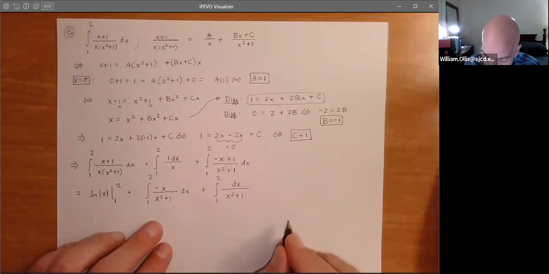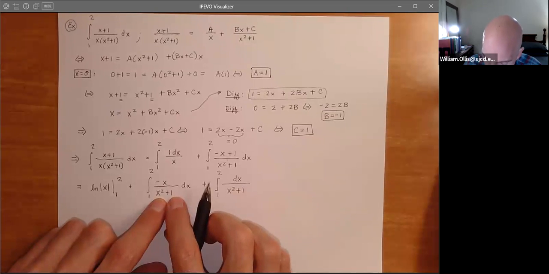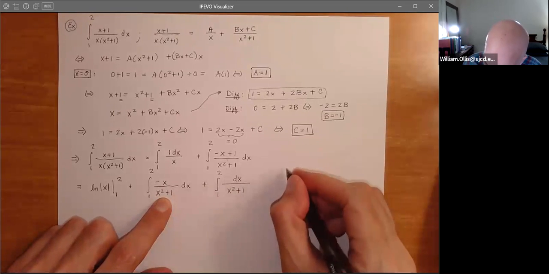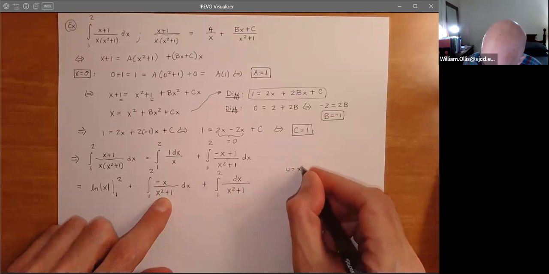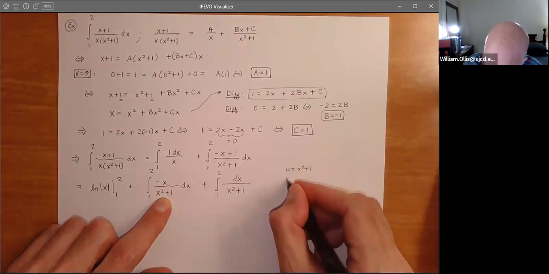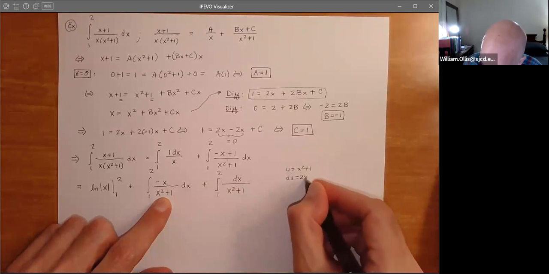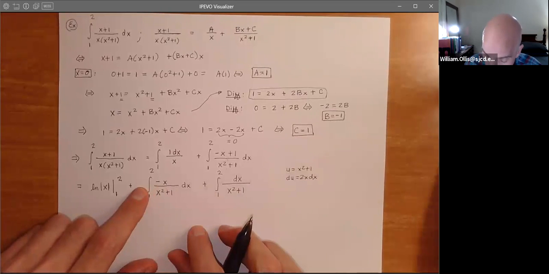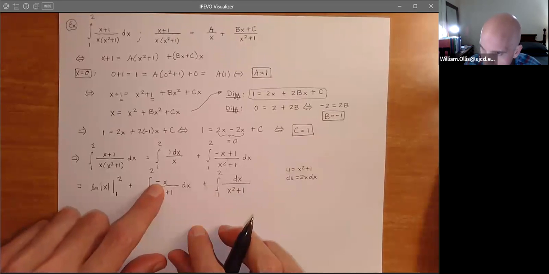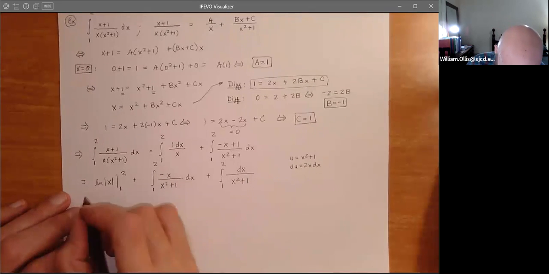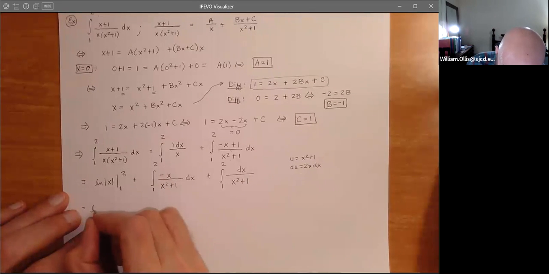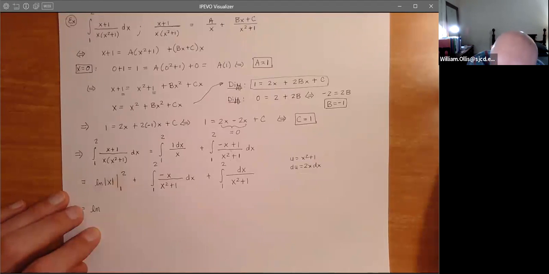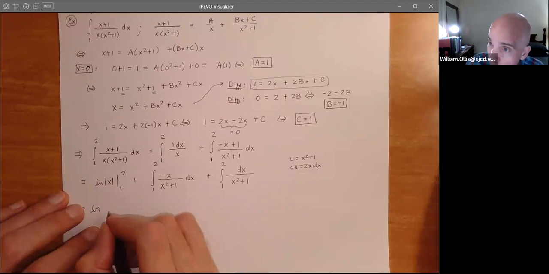So that's pretty simple. Now, if we look here, we can just go ahead and keep the same variable, but we have u equals x squared plus 1, so du equals 2x dx. So all we need is a 2 here, and we can just pay for it, and we can take the negative outside if you like. We'll just go ahead and do the fundamental theorem of calculus.